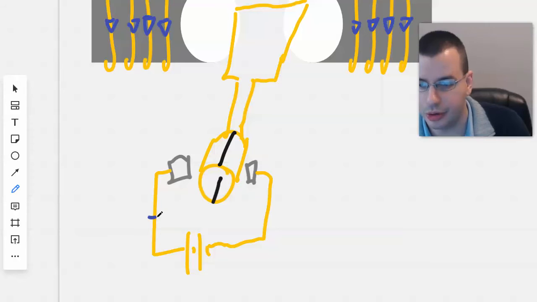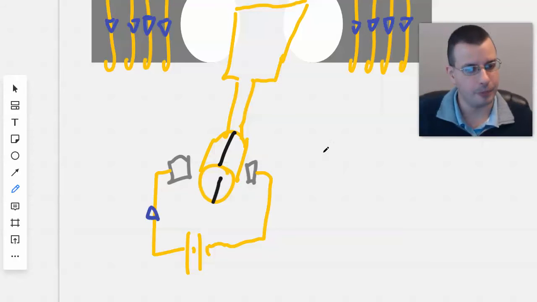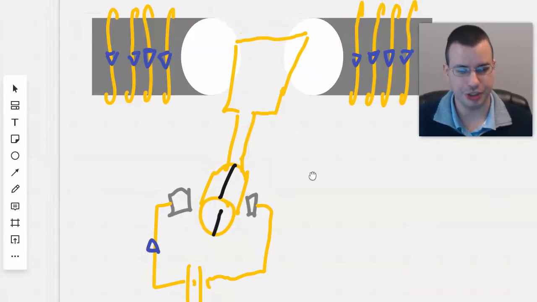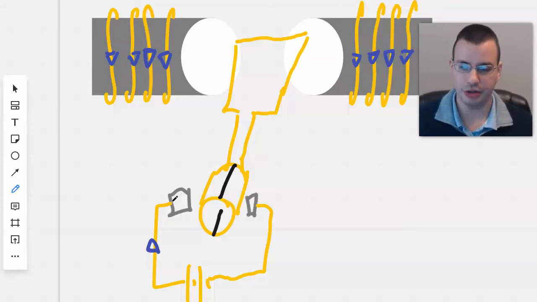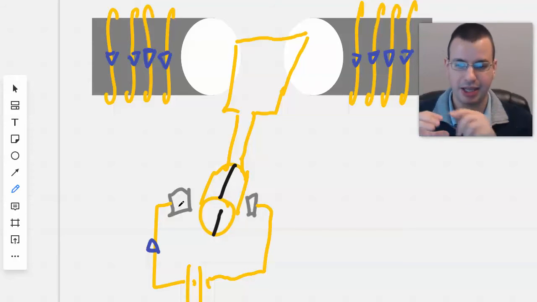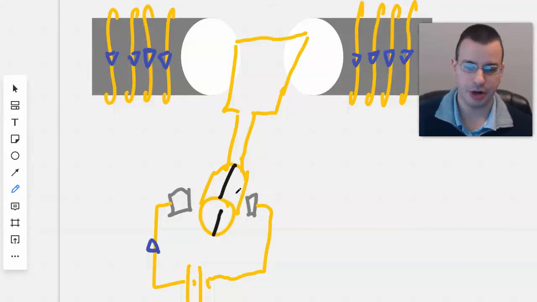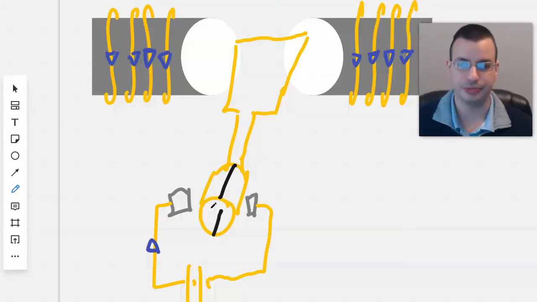So current will go this way. These would probably be referred to as carbon brushes. The idea here is these are little blocks with a spring on them, and they attach to this rotating circle, which is cut in half. So this part is not electrically connected to the left part across this circle.